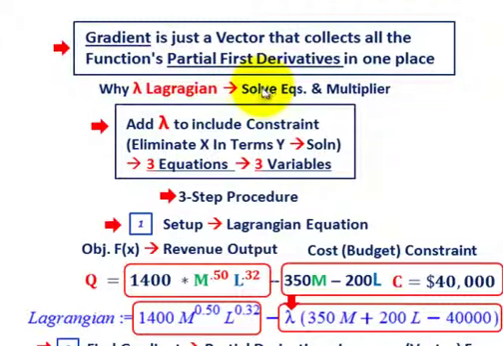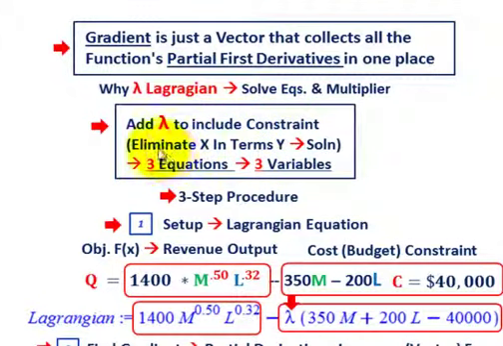You do it for really two reasons. You do it because you're going to have to solve your equations when you're dealing with multivariate calculus, as we are here. You're going to have to add in an artificial variable to solve your equations, and it also gives you a multiplier effect. So we added in our lambda, this artificial variable, to include that constraint.